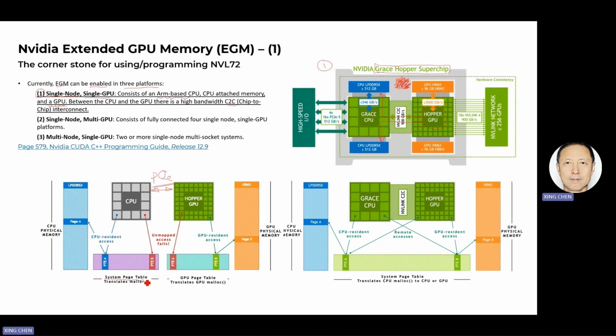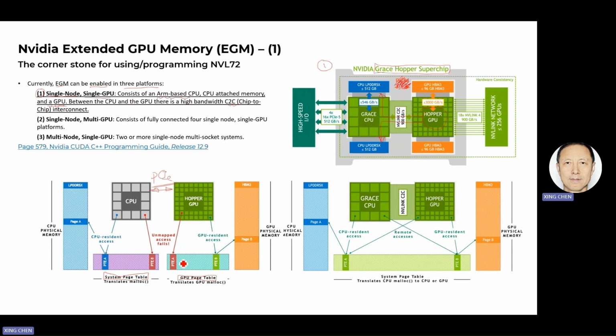To be precise, you have a GPU page table which is hosted by the GPU, and you have a system page table that's hosted by the CPU. Now, I will call it the CPU page table.